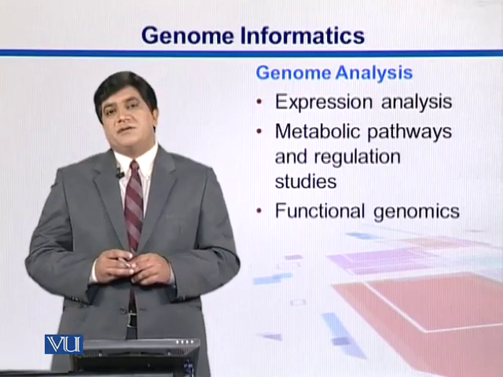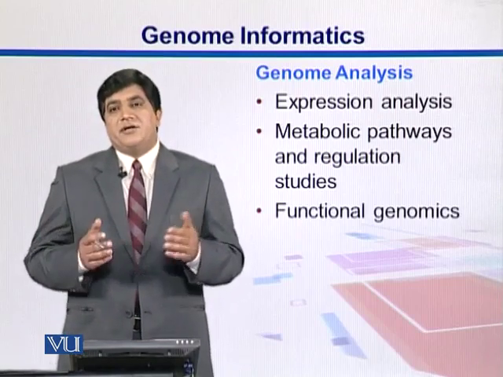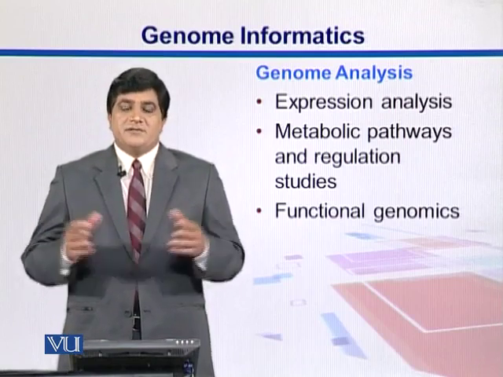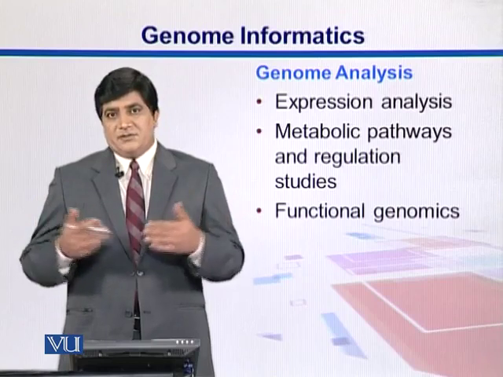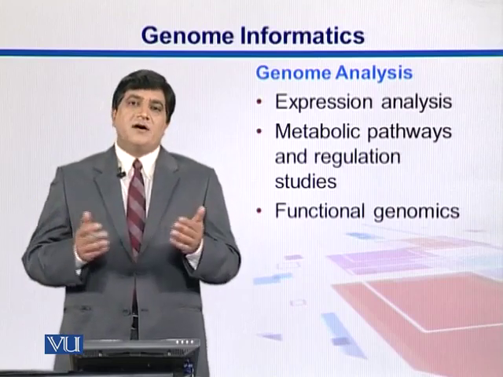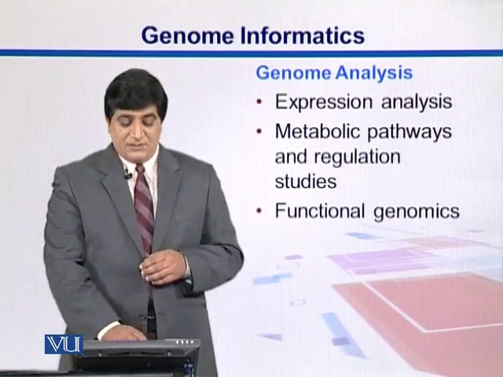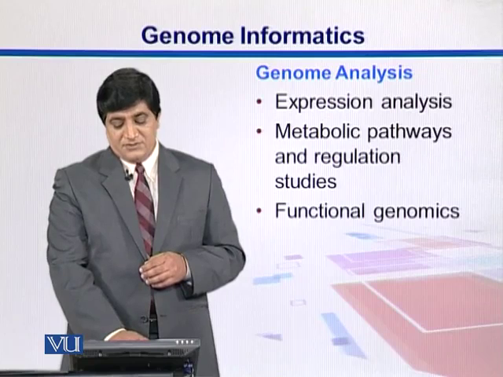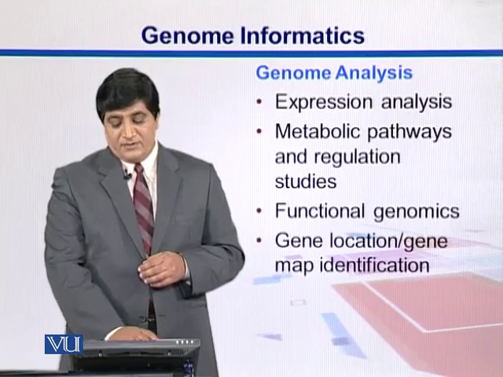Functional genomics is where we are actually looking into the different functions performed by different regions of the genome, under the control of different genes, and what is the effect of changes in those genes, specifically if we want to study the genes related to diseases.